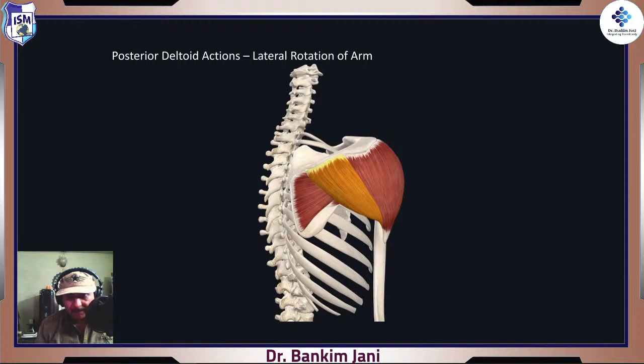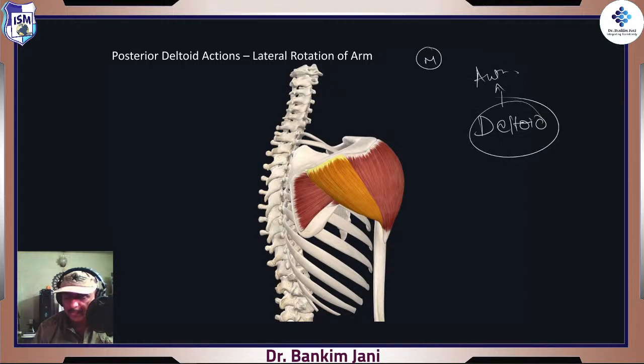Then the posterior deltoid. So posterior deltoid, yes, this is lateral rotation. Now see how easy it has become: when we talk about the deltoid, its anterior fibers, that was the medial rotation, that was the adduction, and what was the third one, right? What was that? It was flexion, correct?